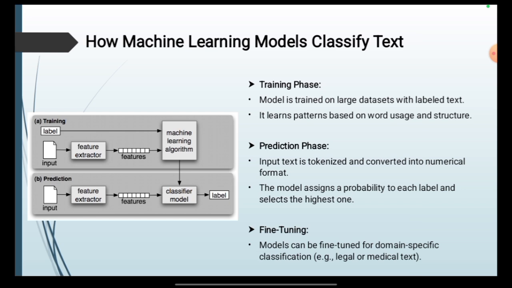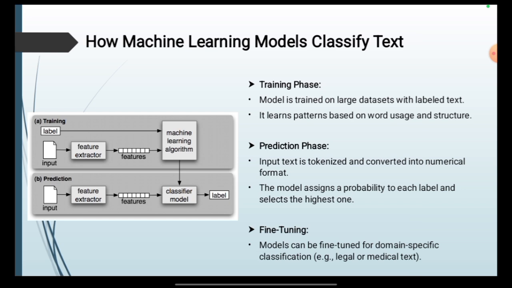So from this part, we can say that machine learning models classify text by training on labeled datasets to identify patterns based on word usage and structure. During the training phase, the model is exposed to large amounts of labeled data, learning the relationship between input text and output labels.